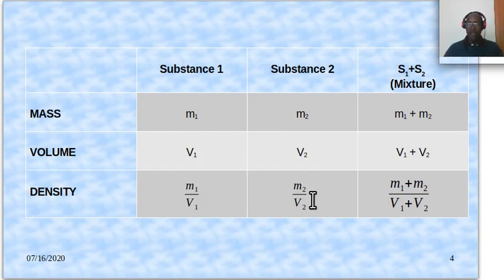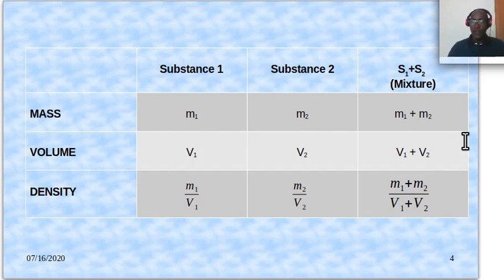Now, in the case of a mixture, you have to determine the mass first and the volume. The mass of the mixture will be m1 plus m2, the sum of the masses of individual substances. Then the volume, again, is the sum of the volumes of the individual substances. So that gives us the mass of this mixture and the volume of the mixture.